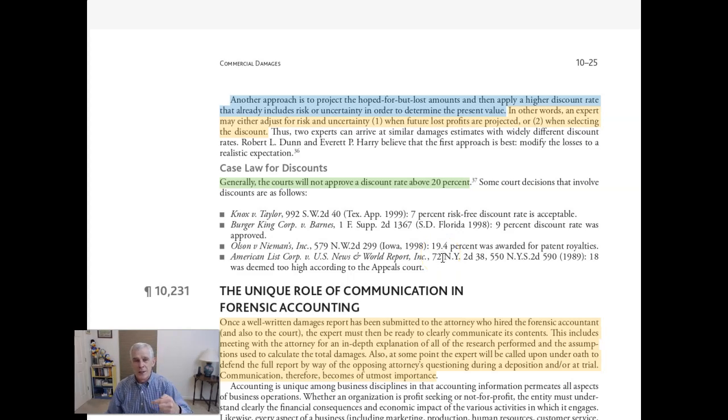And you'll have to gain experience, do a lot of research yourself, go to these professional seminars to learn how you can come up with an appropriate discount rate to use to bring those future lost dollars back to today. I cannot give you one number that's going to work every time. It's up to you and your professional judgment. So there's a lot of reading behind this, a lot more understanding for you to come up with a discount rate to use.